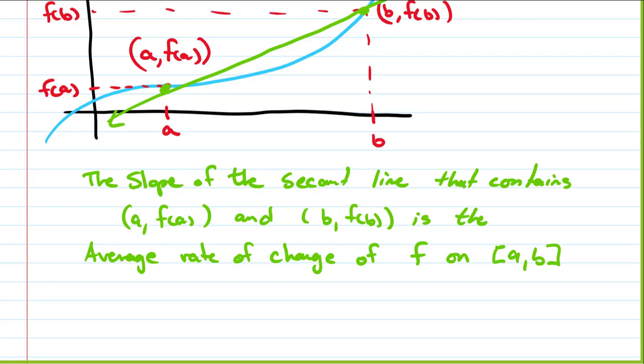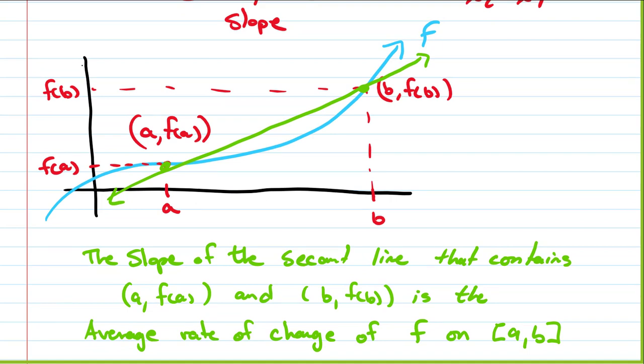So when you hear average rate of change, what you should really just be thinking of is the slope formula. So we're finding the slope between 2 points on a graph.